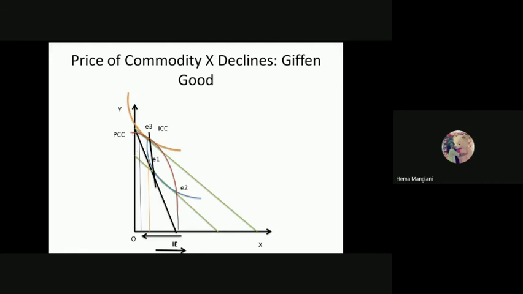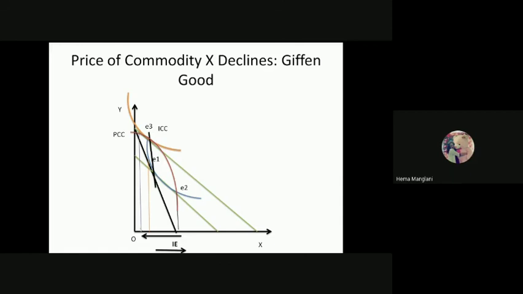So why would you consume less? Because Y is a normal good for you, but X is a Giffen good for you. So you would like to be at this E3 position. In such cases, where we have a backward bending ICC curve, you will always face an upward sloping demand curve, because it shows the relationship between price and the consumption of commodity X. Here the consumption of commodity X is considered a Giffen good.